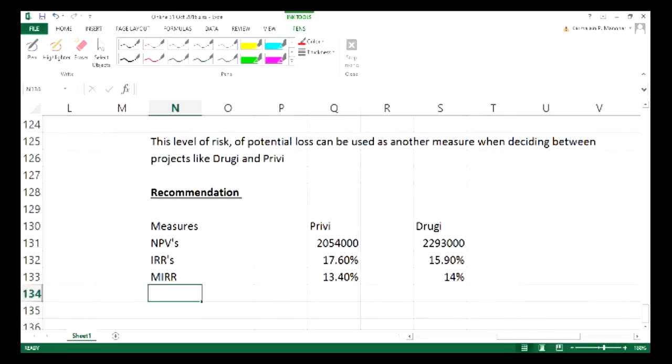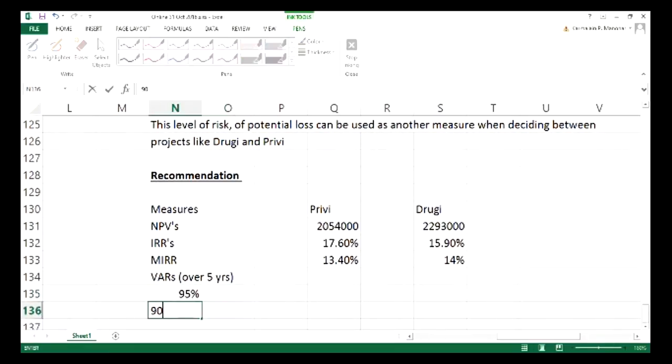And then we got the VARs over 5 years at 95% and at 90%.